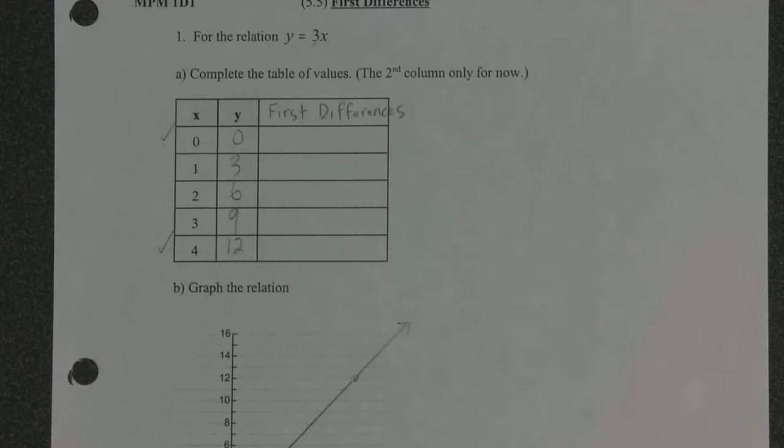Here's how we calculate the first differences. So I'm reading letter E down near the bottom. It says calculate each entry by subtracting consecutive values of y. Record the values in this column.